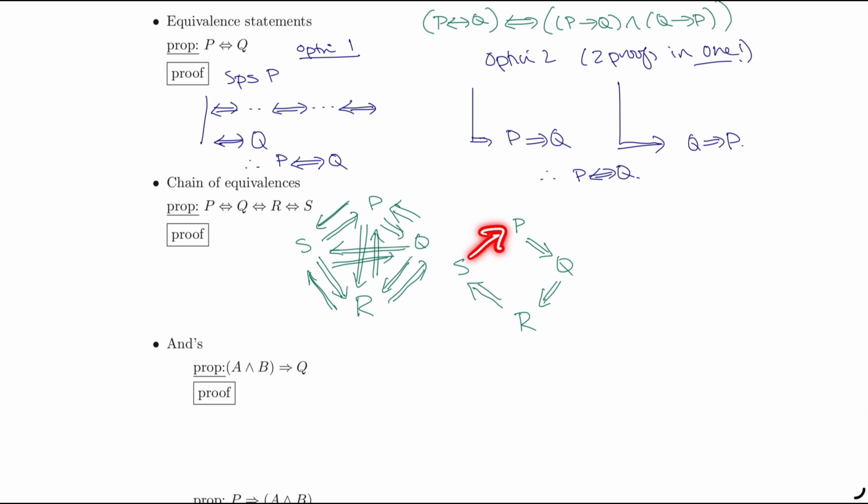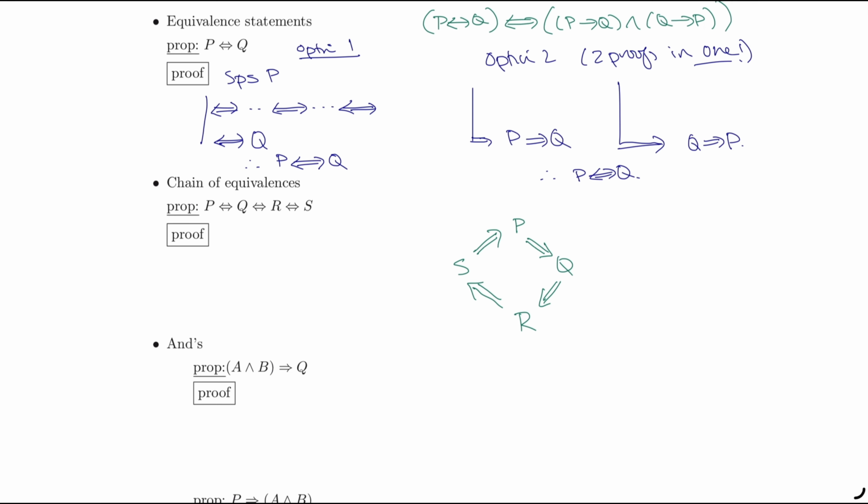S implies P, P implies Q gives us S implies Q. S implies Q, Q implies R, that's going to give us this other direction, S implies R. So just proving this circle of implications is enough to prove a series of equivalences.